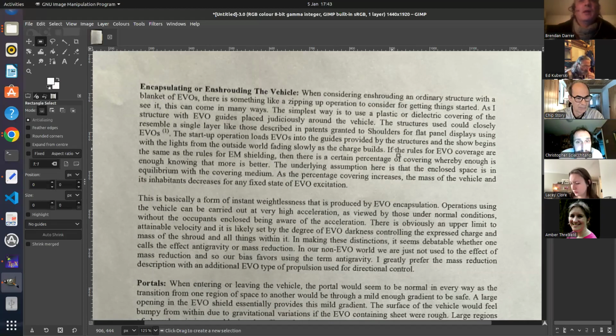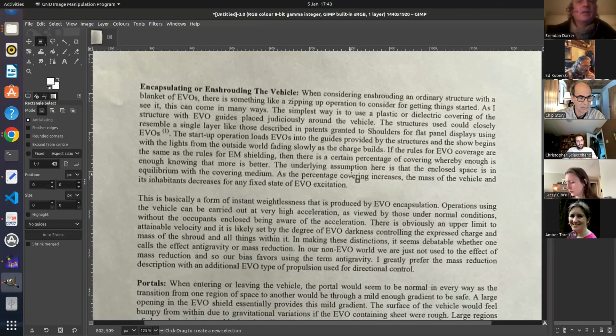If the rules for EVO coverage are the same as the rules for EM shielding, then there is a certain percentage of covering whereby enough is enough, knowing that more is better. The underlying assumption here is that the enclosed space is in equilibrium with the covering medium.